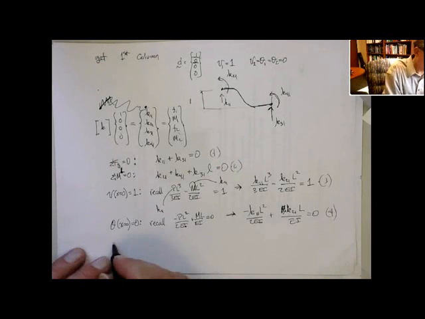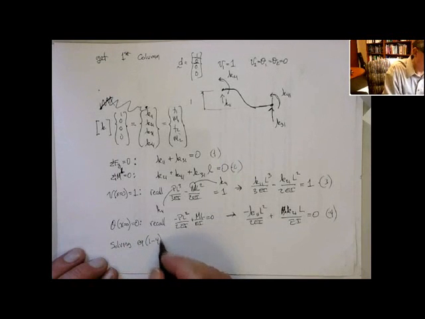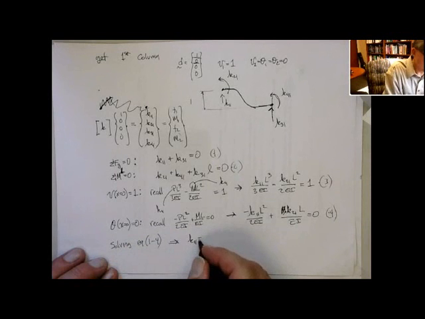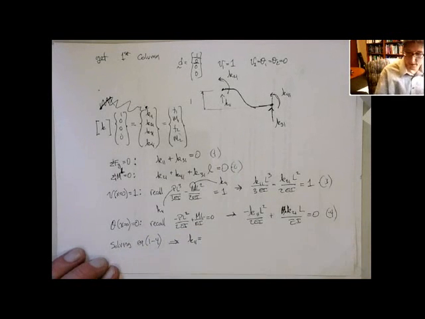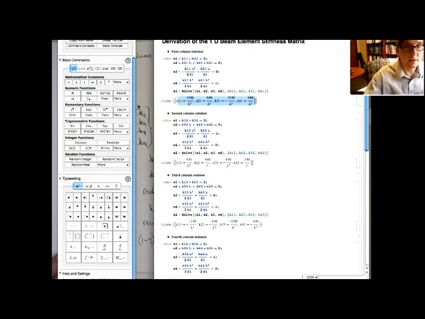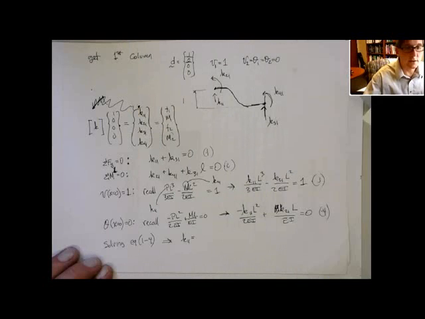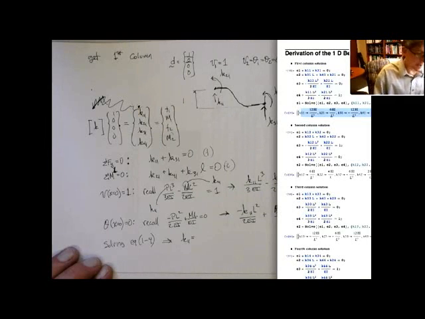So solving equations 1 through 4, we can get that K11 is equal to, well, let me pull the Mathematica thing up again, put it to the side. I don't need this anymore. Do it that way.